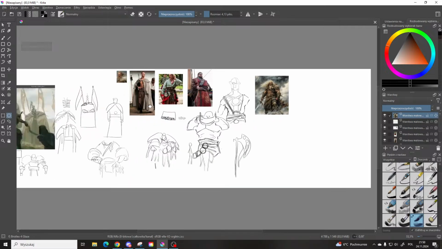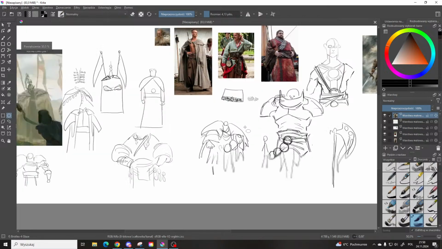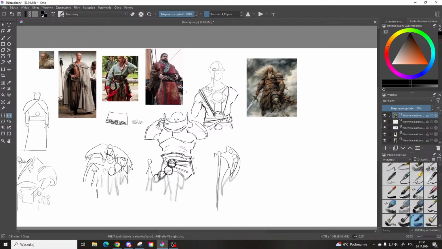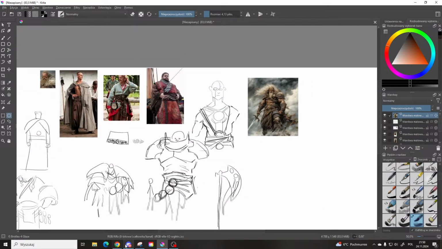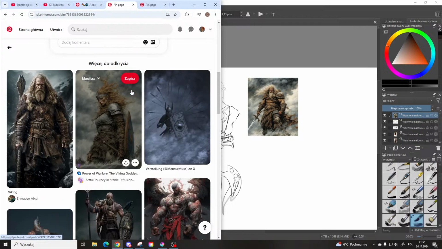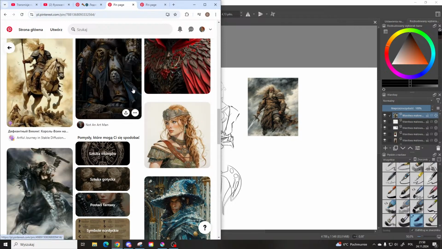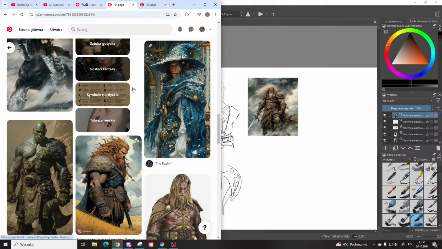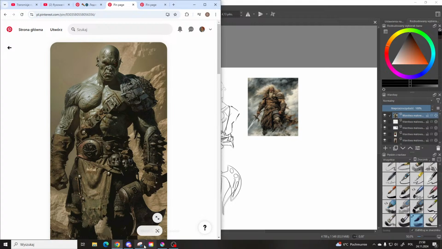Okay, so let's say we already have this many sketches. What I would do now is find a pose reference so I can draw over it. Oh, this face is super cool.